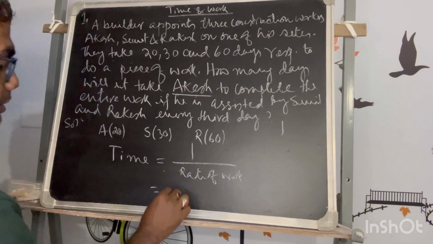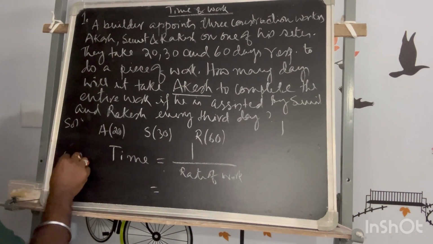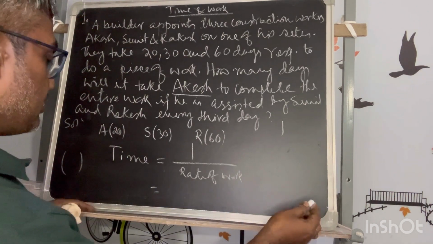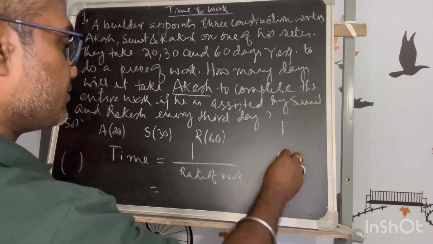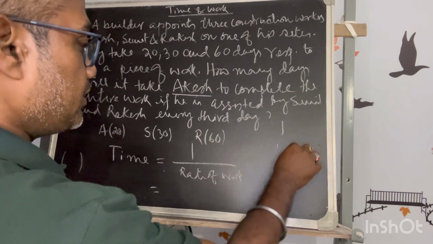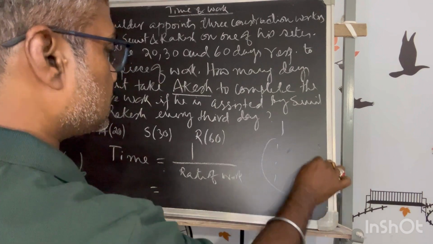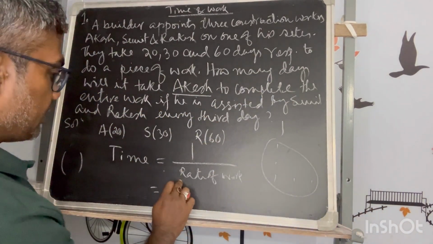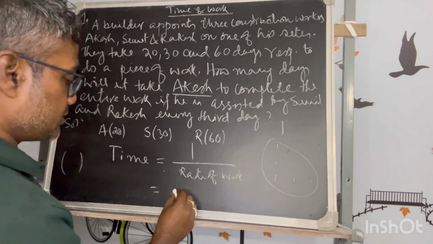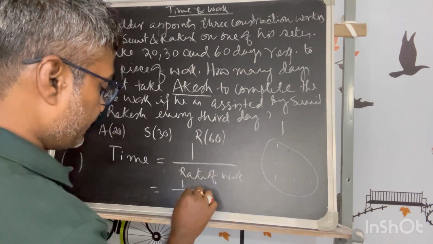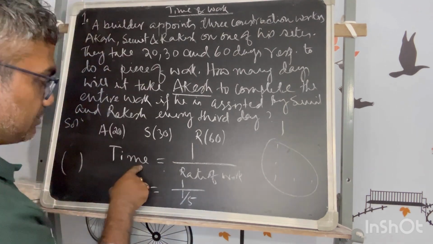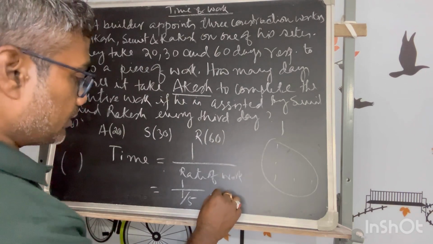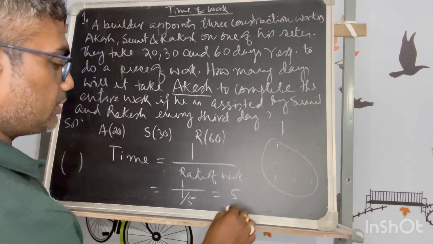In this case, the rate of work we have calculated is for 3 days, and each such 3-day segment is one unit in which Akash works 3 days and the others assist for 1 day. The rate of work for 3 days is 1/5, so time is 1 upon rate of work, 1 upon 1 by 5, that is 5.